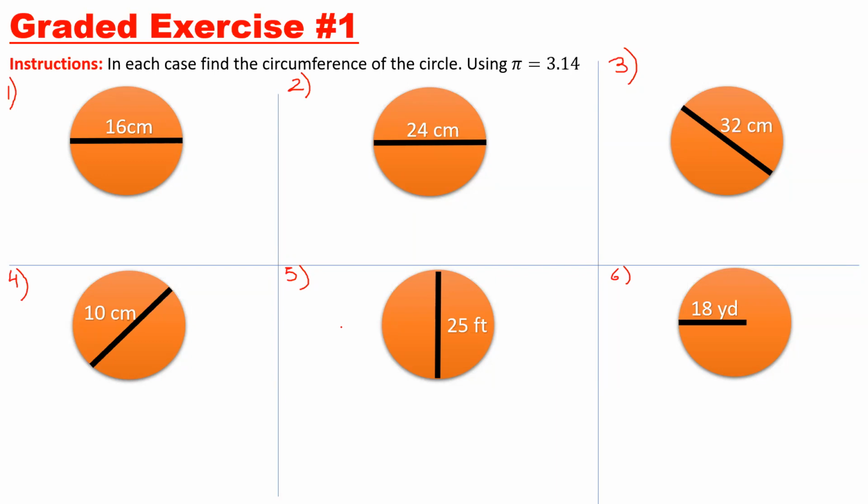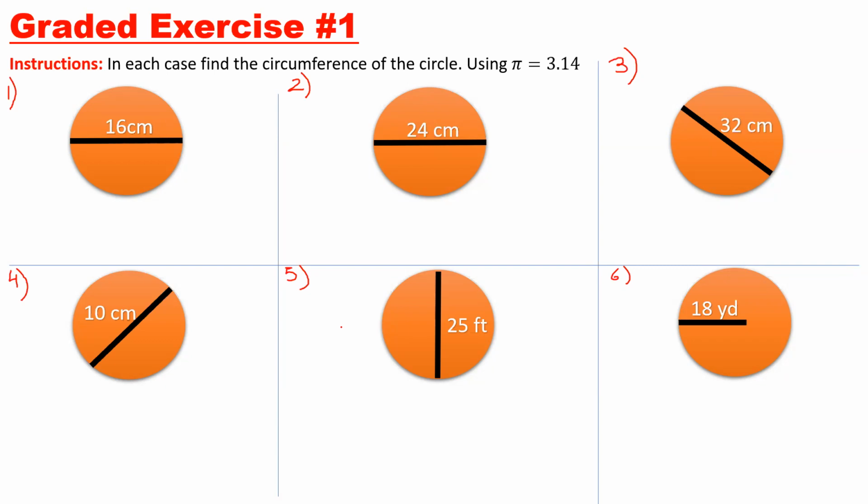Kmar, where's Kmar? Right here. What number are you on? Number 5. Okay, and Kiajne Bethel, what number are you on? Number 6. For those who are already done with the work, take a picture of it and send it to me via WhatsApp.